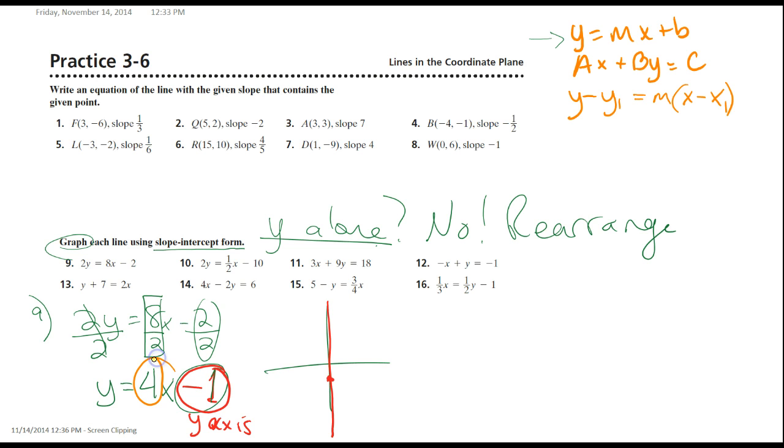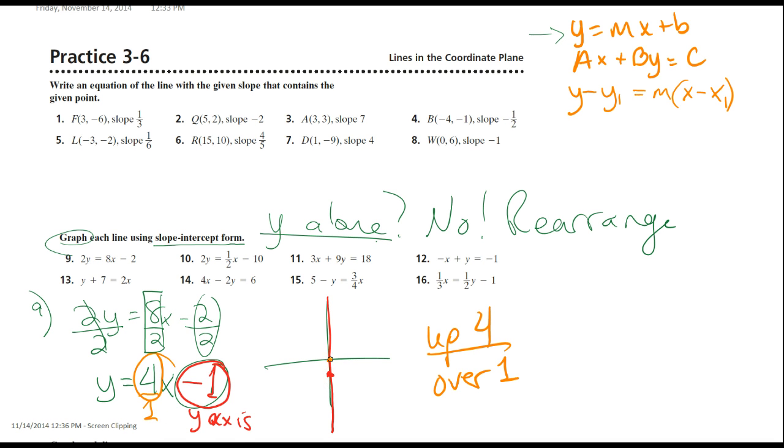The slope is 4. So that means I go up 4 over 1. When there's no denominator, it's like having an invisible 1 there. So now I'm going to go from here, 1, 2, 3, 4, and over 1. And that is all you need to have a correct answer for these questions.